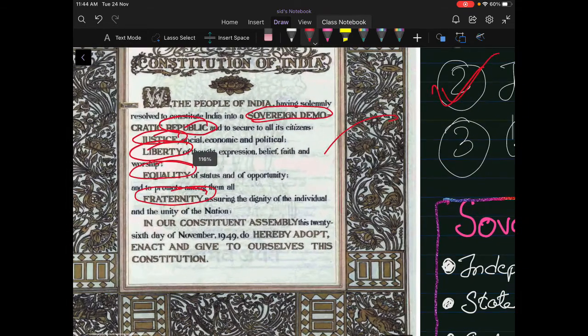Okay, it says, we the people of India, having solemnly resolved to constitute India into a sovereign democratic republic, and to secure to all its citizens justice, social, economic and political, liberty of thought, expression, belief, faith and worship, equality of status and opportunity, and to promote among them all fraternity, assured the dignity of the individual and the unity of the nation.